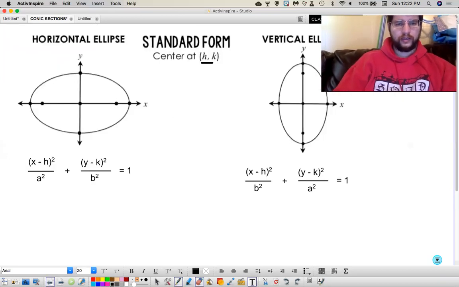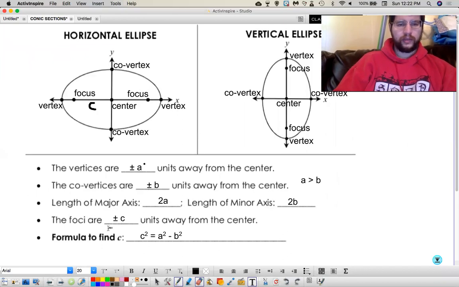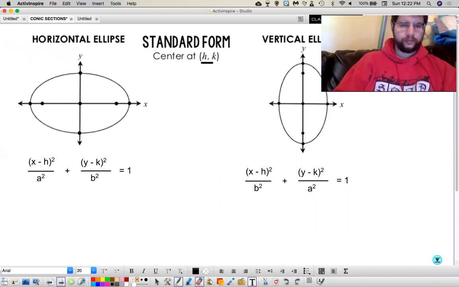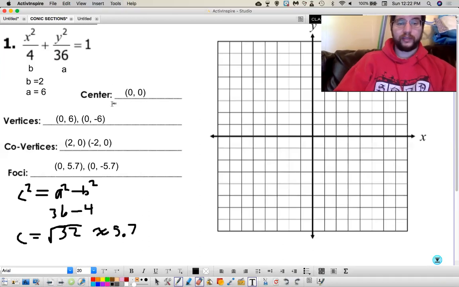Because if we look, the foci are plus or minus C units away from the center, and the co-vertices are plus or minus B units, vertices are plus or minus A units, all from the center. We're basically adding a bunch of stuff to the center point. And it's either to the X's or the Y's, depending on if we're looking at the major or the minor axis. So I need to plot these points.